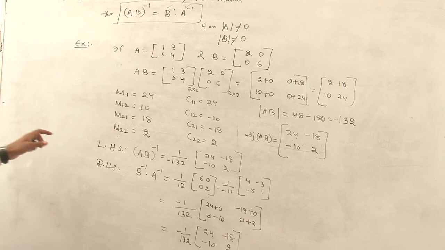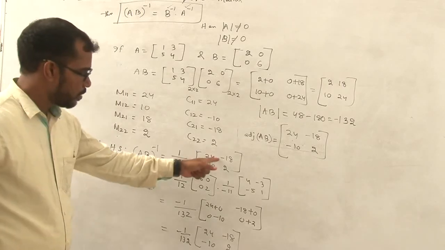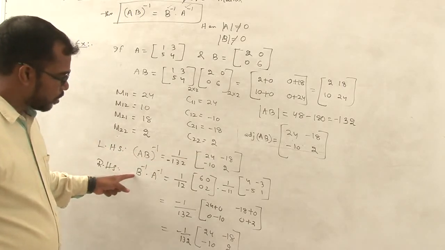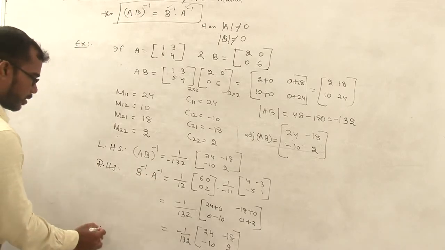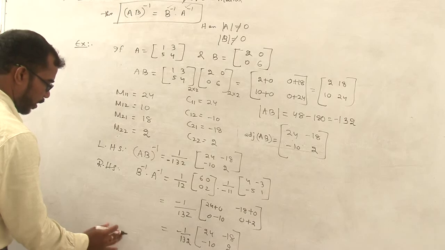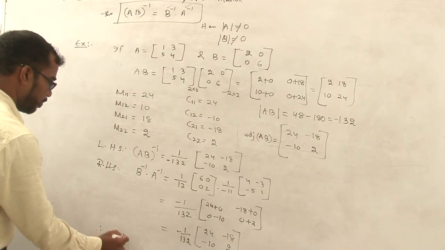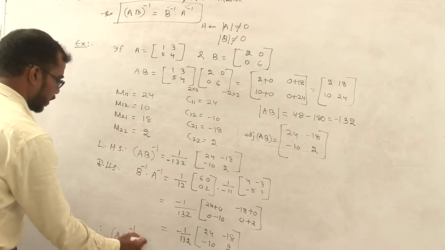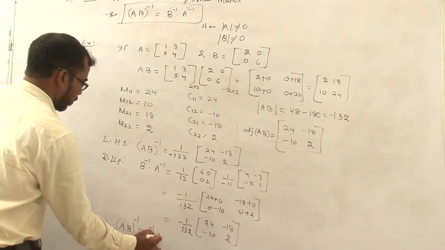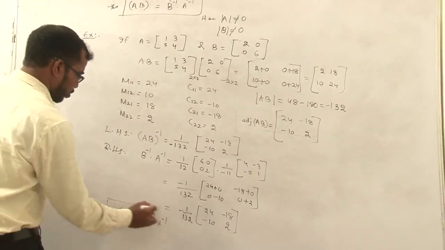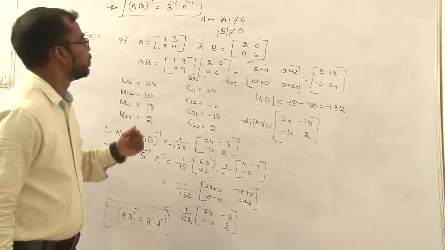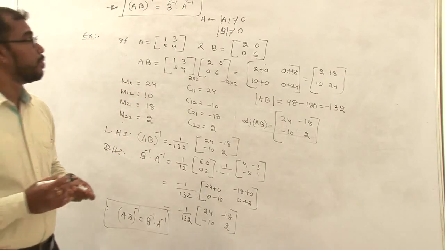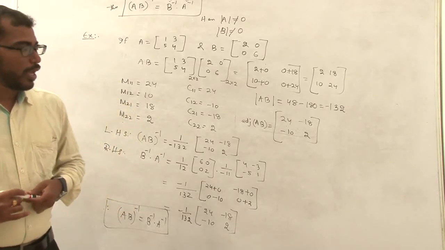So you can check the inverse of AB is the same as inverse of B into inverse of A. So inverse of AB is equal to inverse of B into inverse of A. So this is the verification that inverse of AB is equal to B inverse into A inverse. Have a nice day.